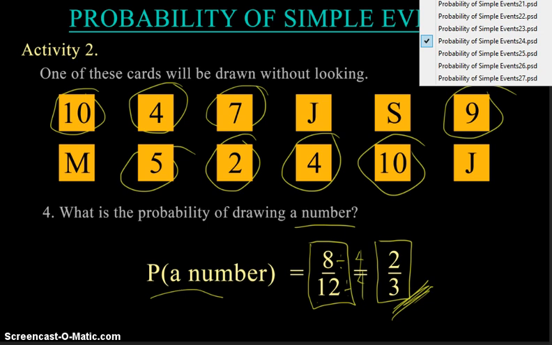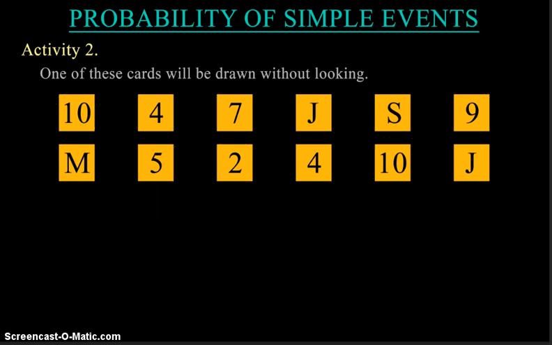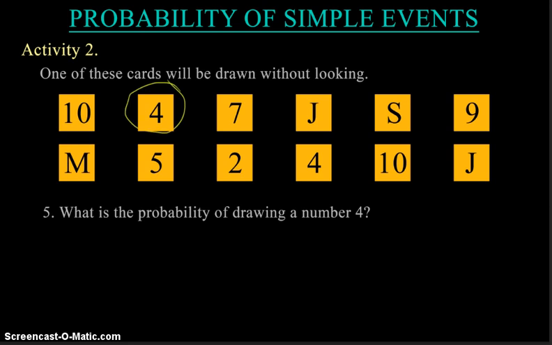Okay. Next number 5. What is the probability of drawing a number 4? So, ilan ang number 4 natin dito? So, meron tayong dalawang number 4.